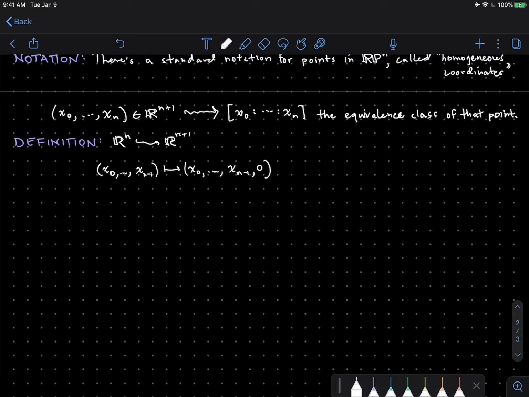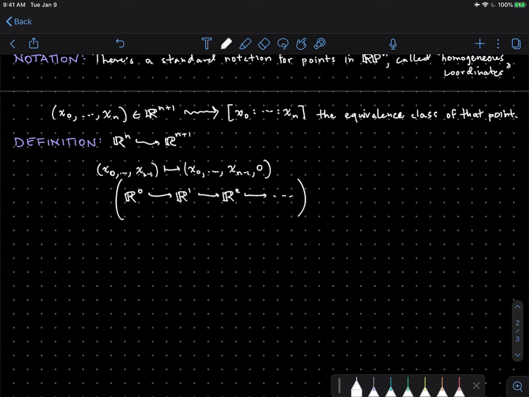And this gives us a chain of, say, R0, including into R1, including into R2, and so forth. And we can take the union of this whole chain.